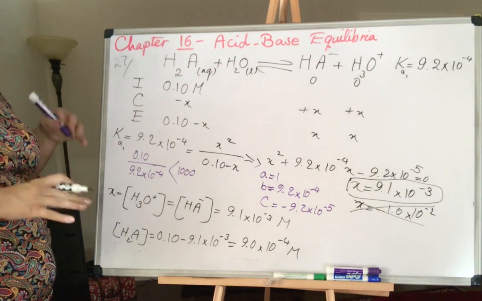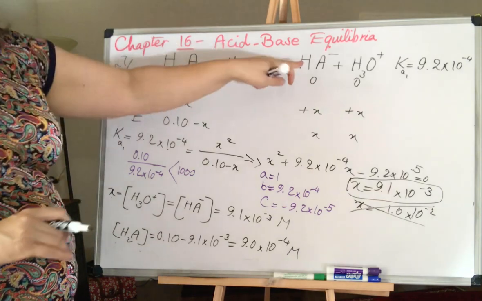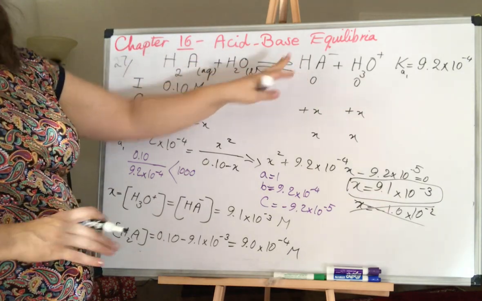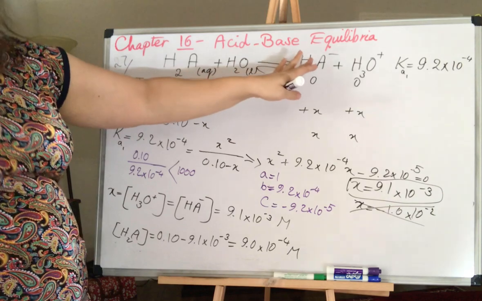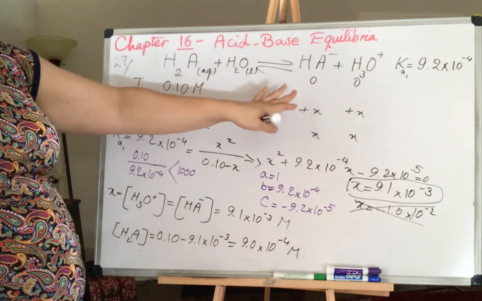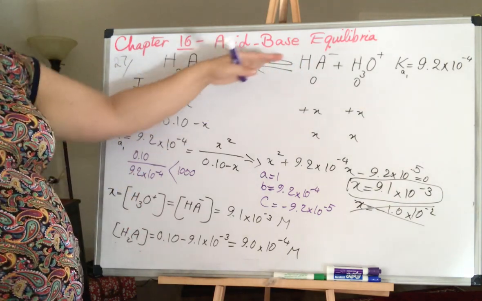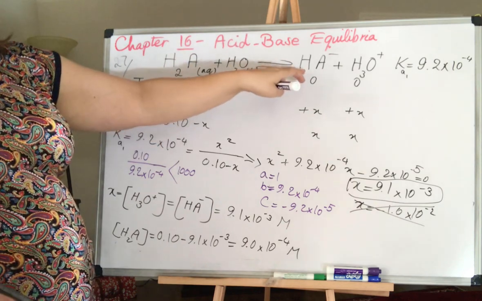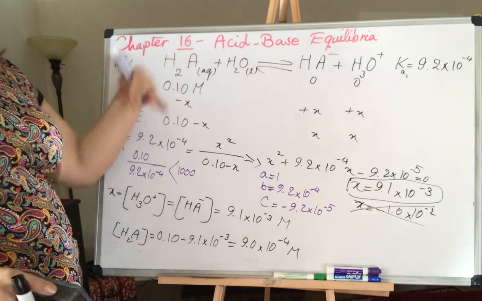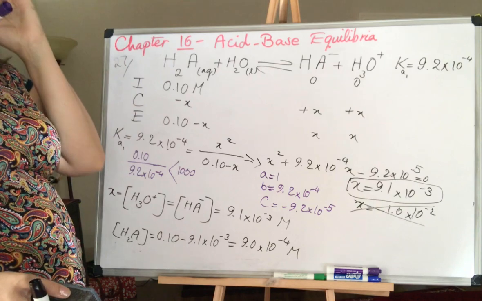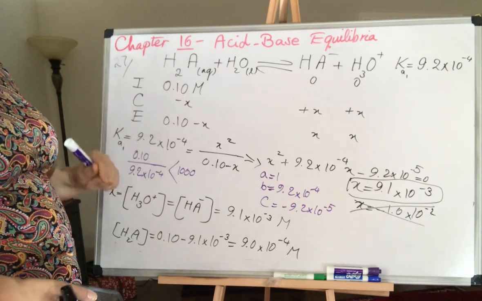No, because this acid is not going to stop at this point. You cannot hold it and say, hey, do not ionize anymore. You cannot control the acid. It's going to go to the second step to lose one more hydrogen. That's the difference between monoprotic and more than monoprotic acids.